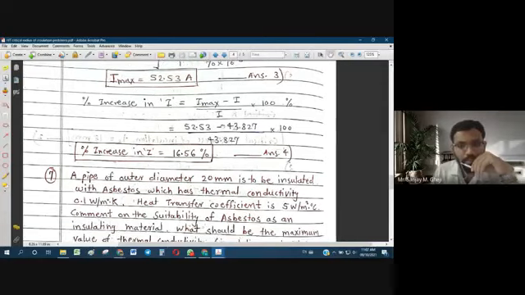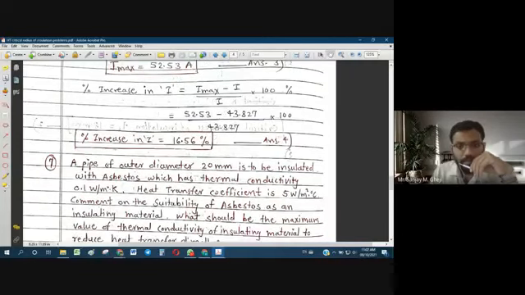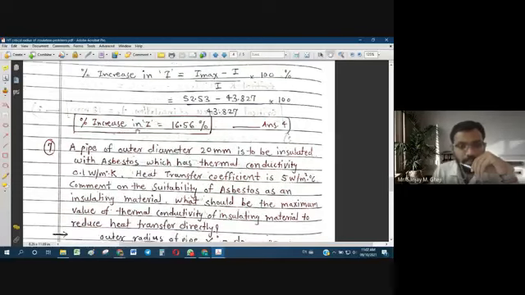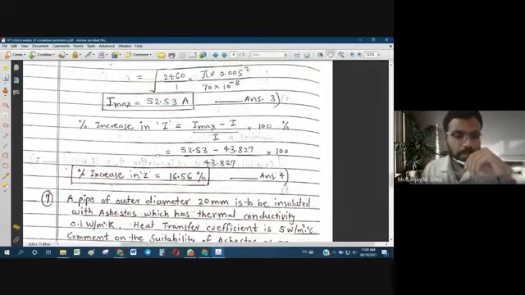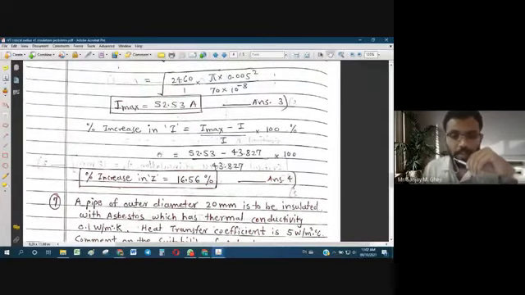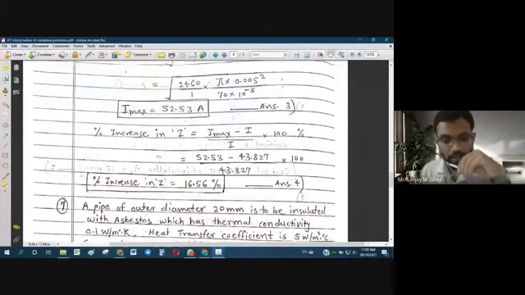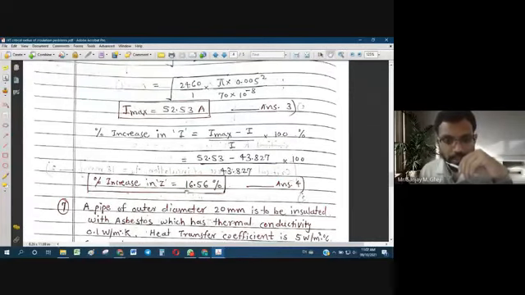This is the change from 43 to 52, almost 10 units. If you take the difference and divide by the previous case, you get the percentage increase, which is 16.56%. So by just providing the right amount of insulation, equal to the critical thickness or critical radius, the current carrying capacity can be increased by 16.56%.